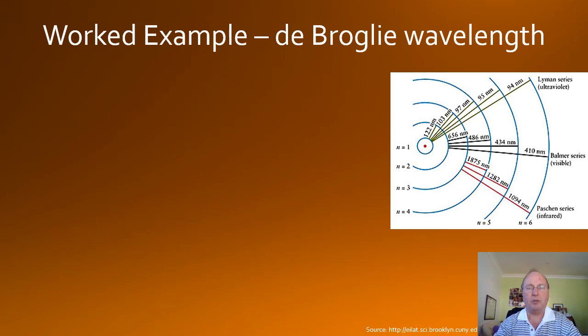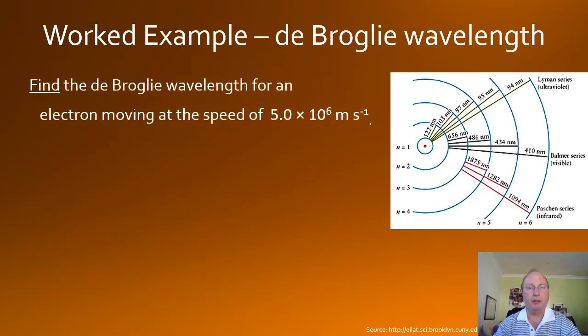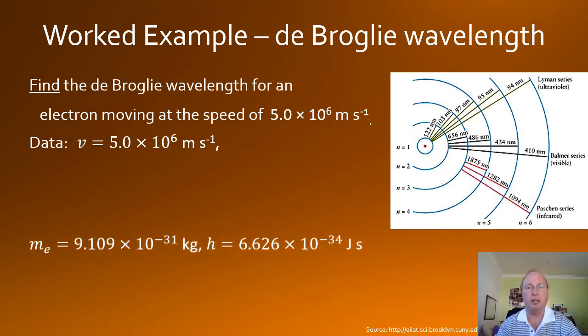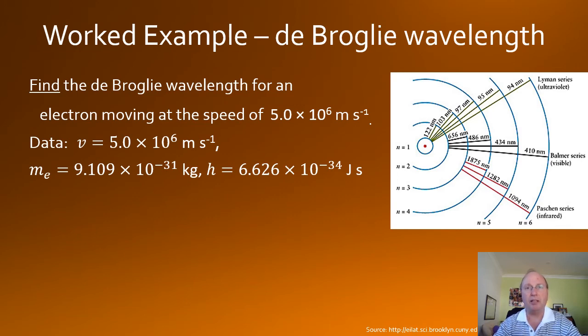So let's look at a worked example to do with the de Broglie wavelength. The question is to find the de Broglie wavelength for an electron moving at the speed of 5 times 10 to the 6 meters per second. Well, it's a calculation question, so the first step is data. v, we're told, is 5 times 10 to the 6 meters per second. But we also know the mass of the electron, 9.109 times 10 to the negative 31 kilograms, and Planck's constant.